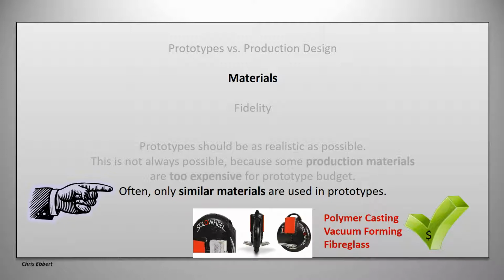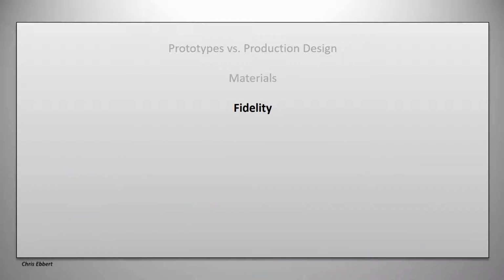So one thing to get into then is materials, so that you know which materials you can use for your prototypes that are closest to the materials of the planned production version. In order to achieve fidelity.